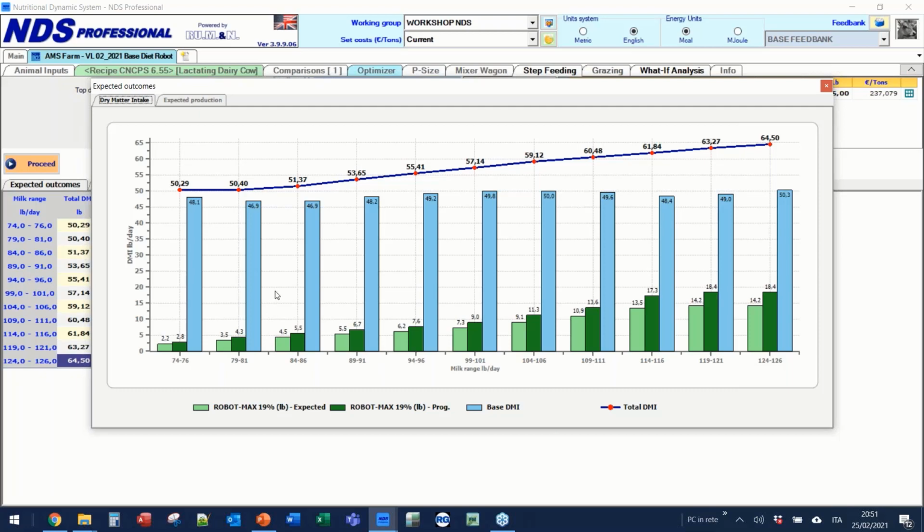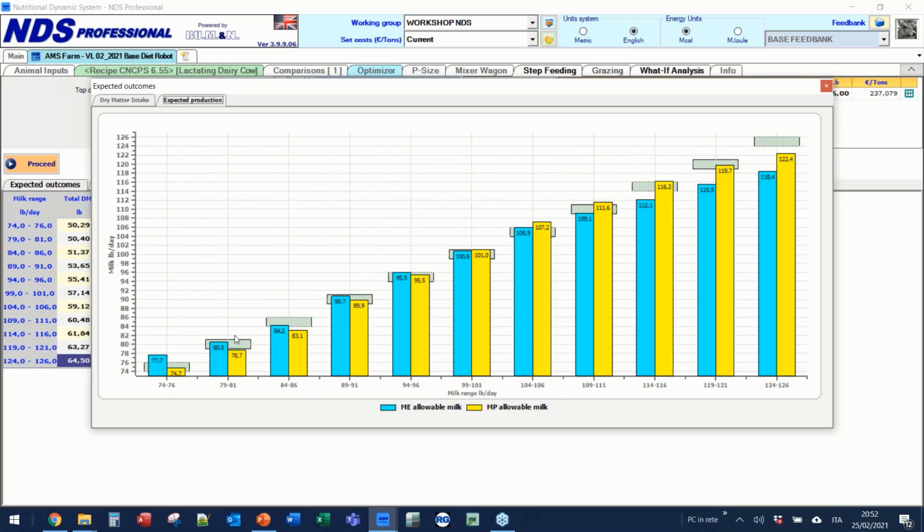That means that for each kilogram of dry matter we offer through the robot, the cow is going to reduce the intake of PMR by 1 kilogram of dry matter, or 1 pound per 1 pound. It depends on the metric.